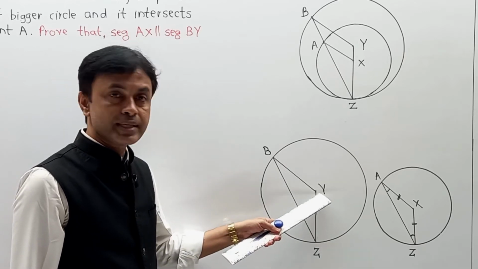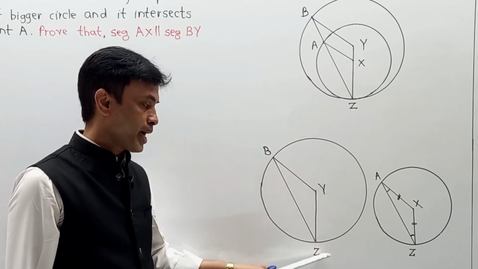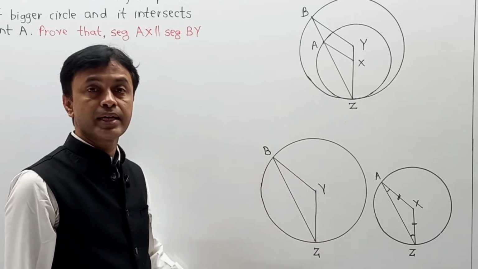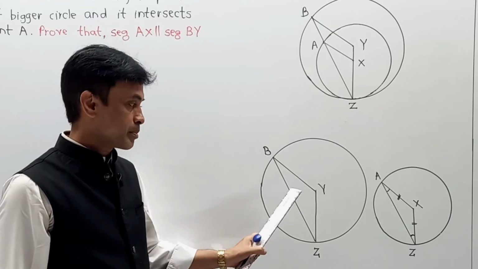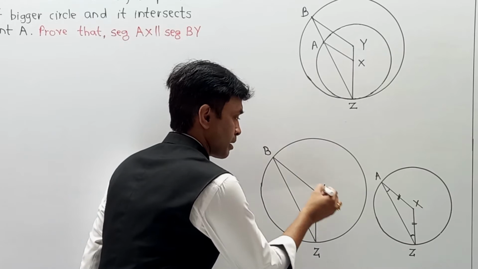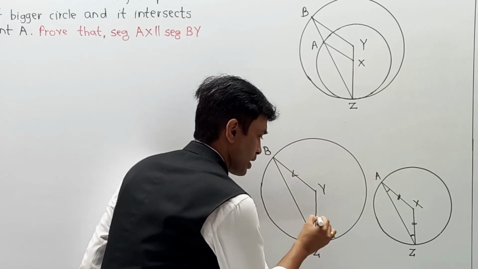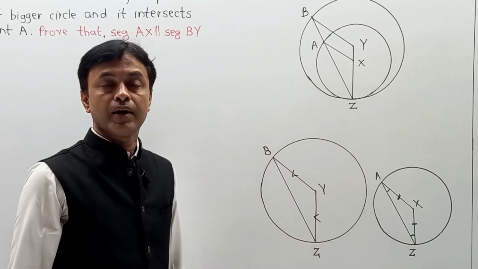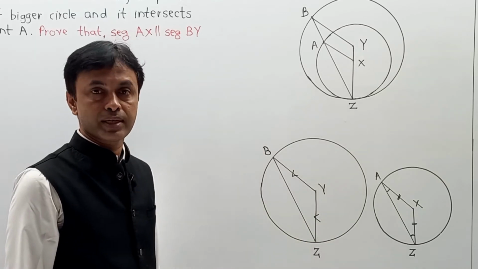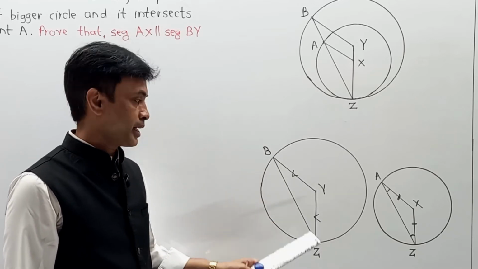Here Y is the center of a circle, and YB and YZ are the radius of same circle, means you can say larger circle. Naturally radius BY or YB must be equal to radius YZ. Why? Because the radius of larger circle. Naturally radius YB is equal to radius YZ.